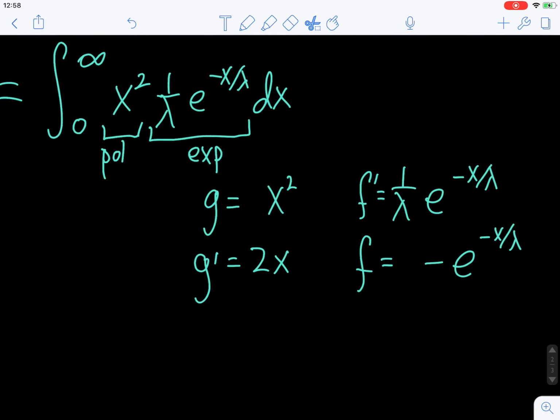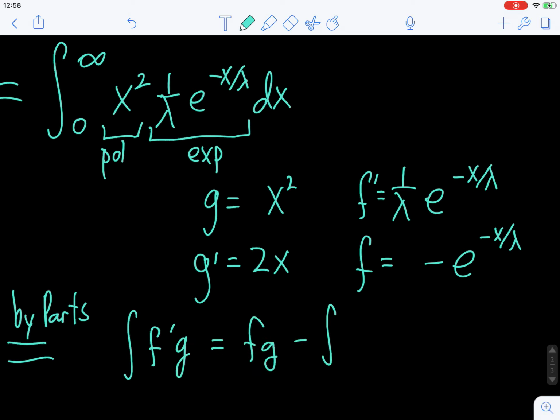Okay, so plugging it into our integration by parts, we have the integral of f prime g being equal to fg minus the integral of fg prime.